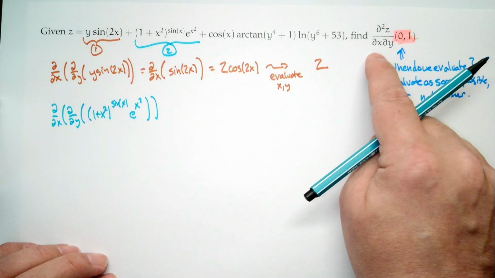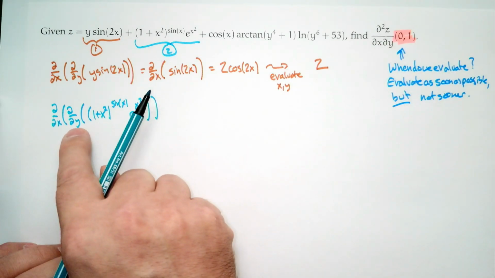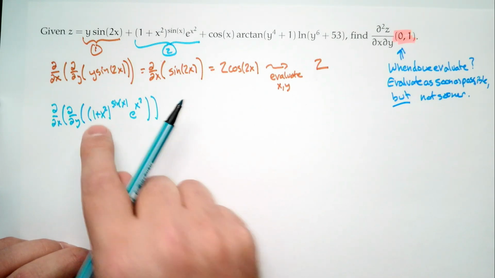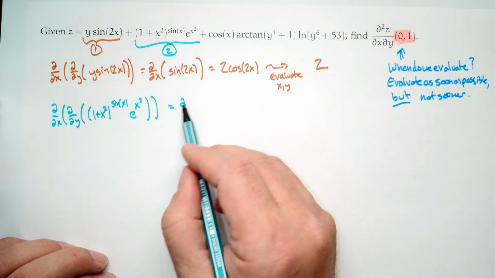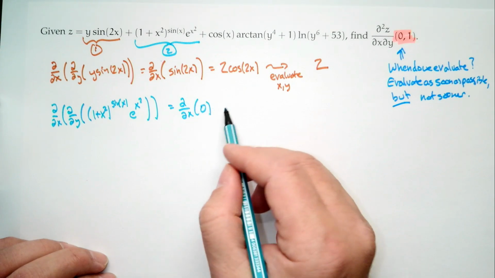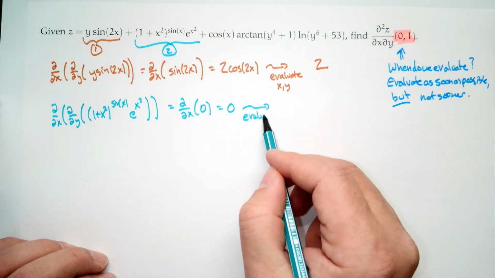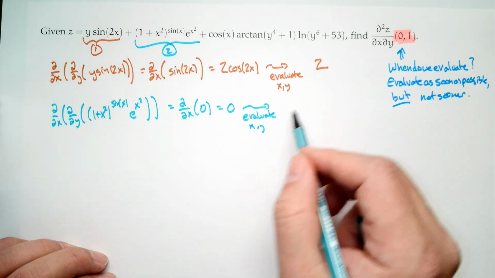If we're taking partial x, partial y, well, that means first take the derivative with respect to y, and then take the derivative with respect to x. If we take the derivative with respect to y, what do we get? 0. Okay, and now that's an easy derivative. In fact, we can evaluate there.